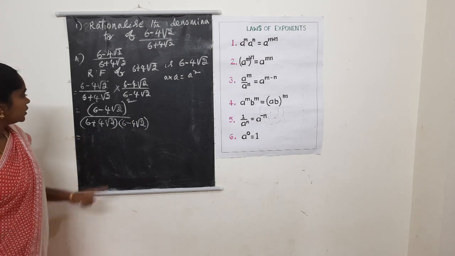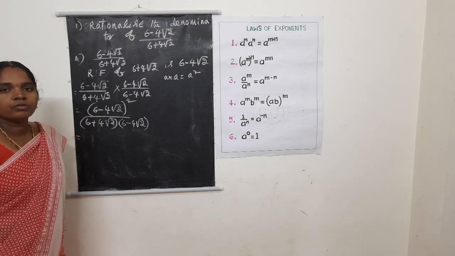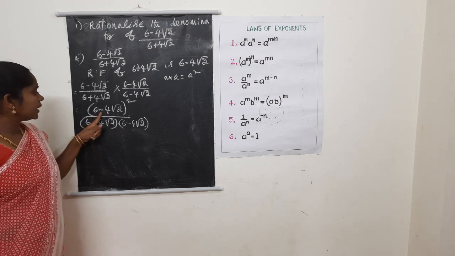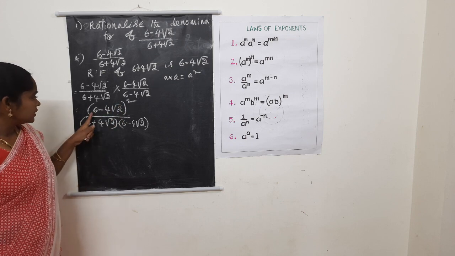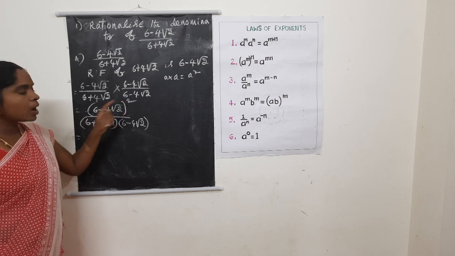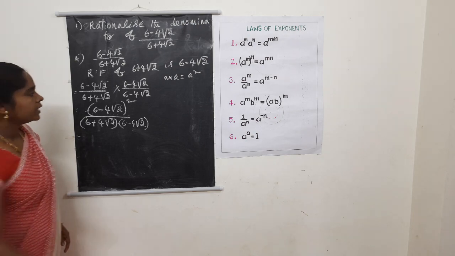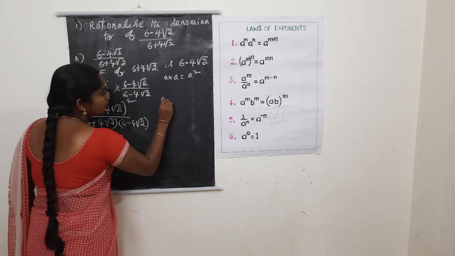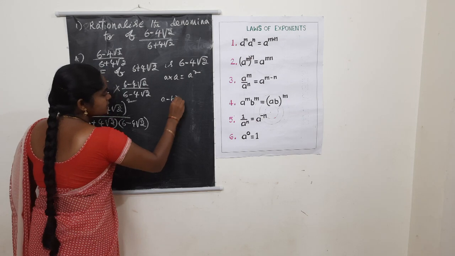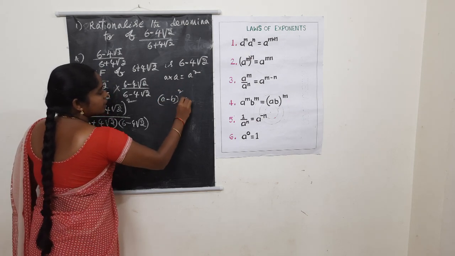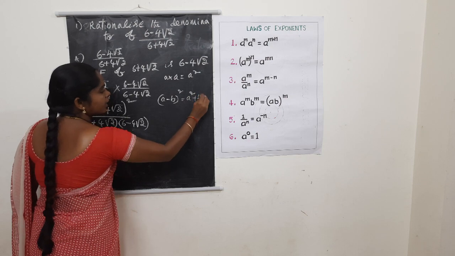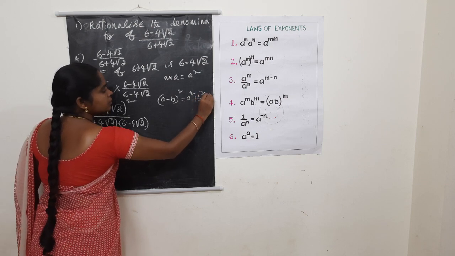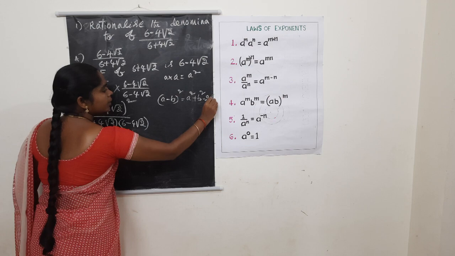Students, observe, 6 minus 4 root 2 whole square is in the form of a minus b whole square. The a minus b whole square formula is a square plus b square minus 2ab.